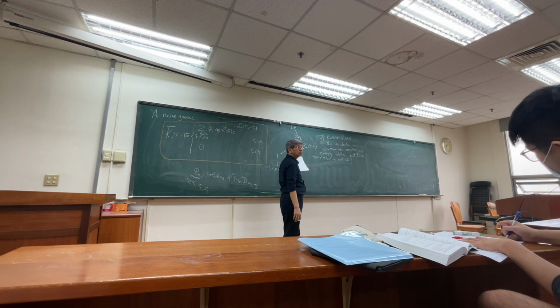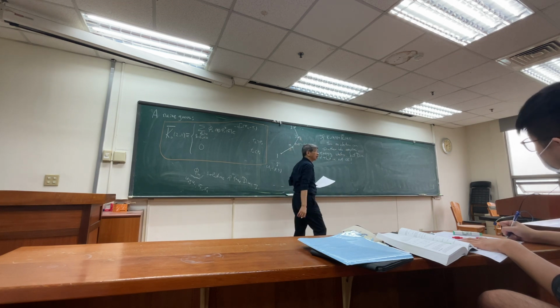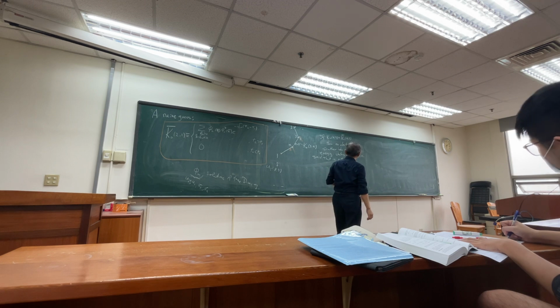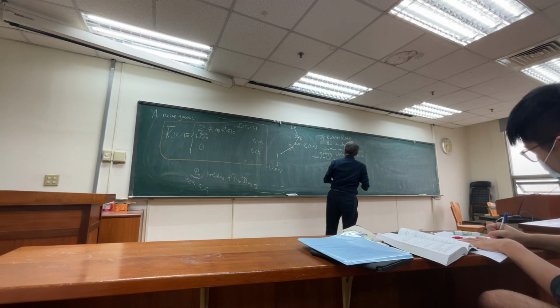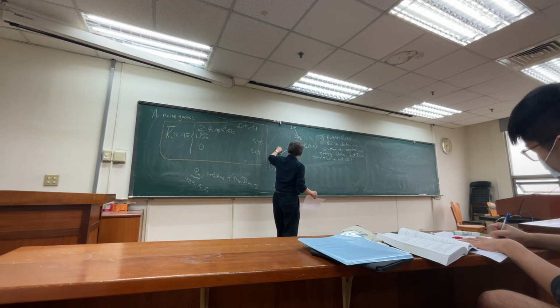Any question? Yes. Can it be another way around, that the positron can be scattered into an electron? Yes, I know, but I'm specifying that the particle leaving is an electron.